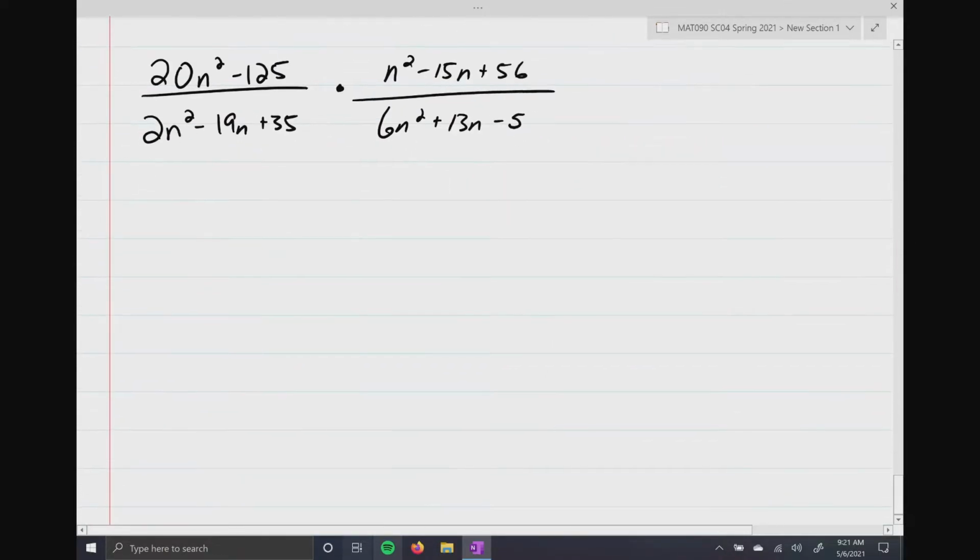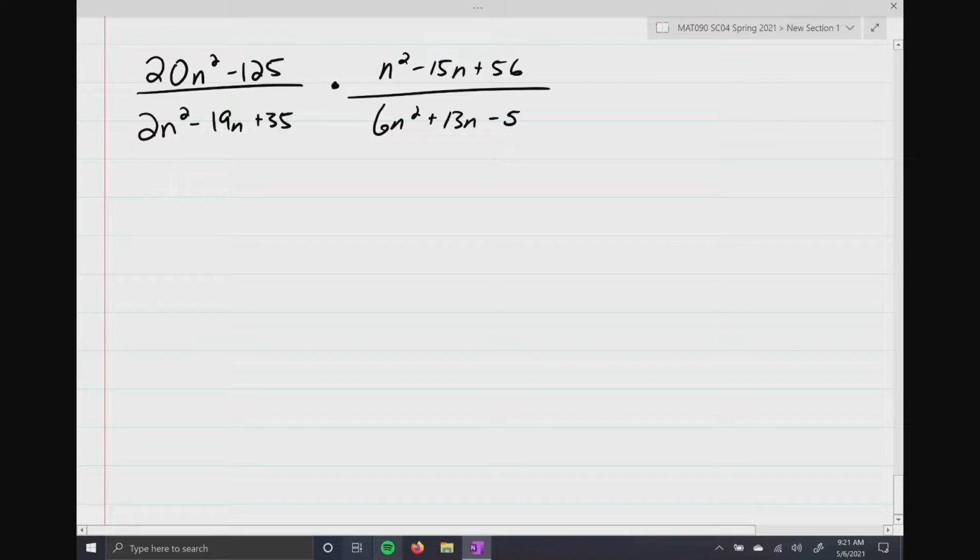Now, I just got to factor everything, and I'm going to keep it simple. So, the 20n squared minus 125. You look for a GCF first. I can factor out a 5. That's going to give me 5 times 4n squared minus 25.